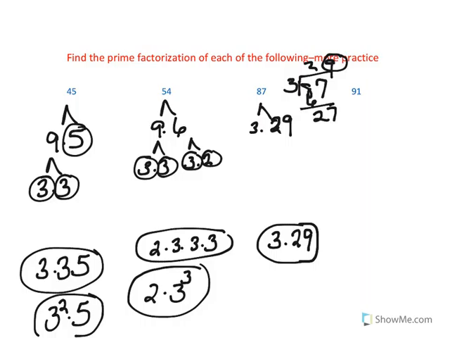Always check. 91, now that's an interesting one. Doesn't end in a 2, doesn't end in a 5 or a 0, and if I add up 9 and 1, I get 10, so 3 doesn't go in. So you have to do some checking. Put some effort and some research into this. Think, okay, 91. What are the numbers? 2, 3, 4, 5, 6, 7. Well, let's see, 7 times into 91.